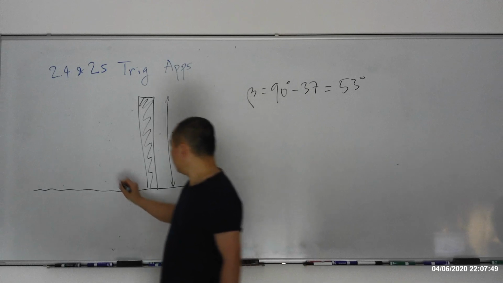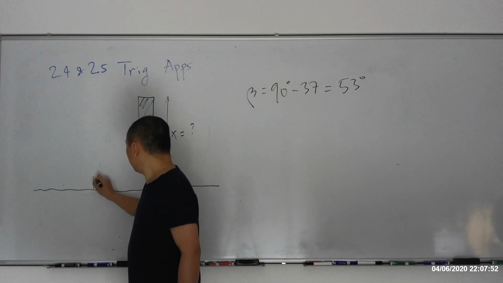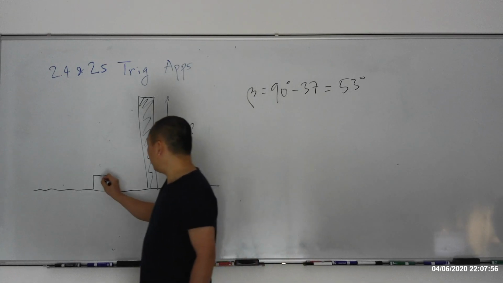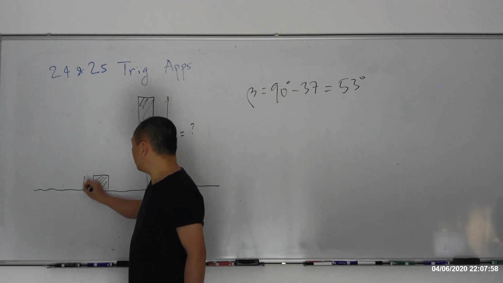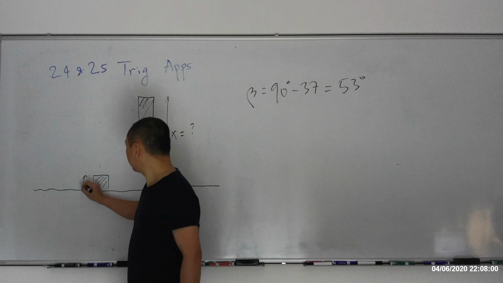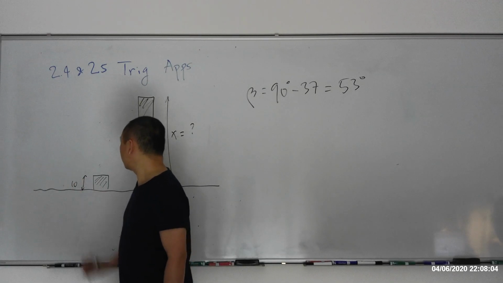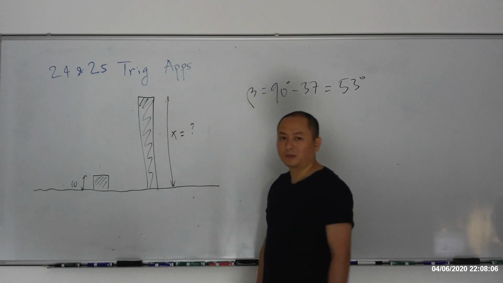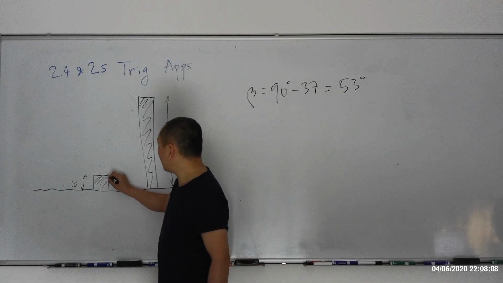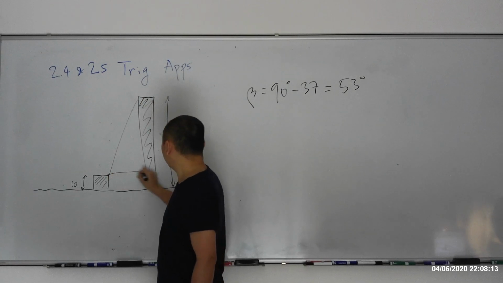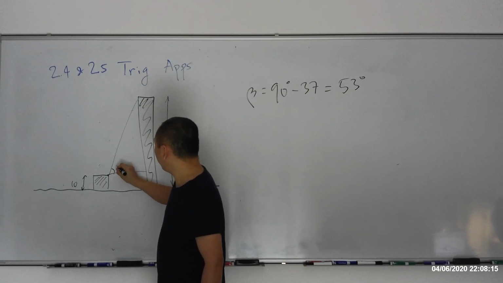What they know is a short building right here. All I know is the height of this short building. Let's make it 10 meters, okay? And then there's a person standing on top of that short building, and they look up and can measure the angle right here called angle alpha.